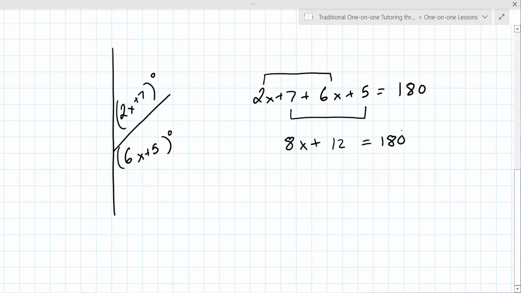Okay. And how do you solve from here? Well, you should subtract. Subtract what? The 8 is multiplying x, or the 12. Subtract 12.